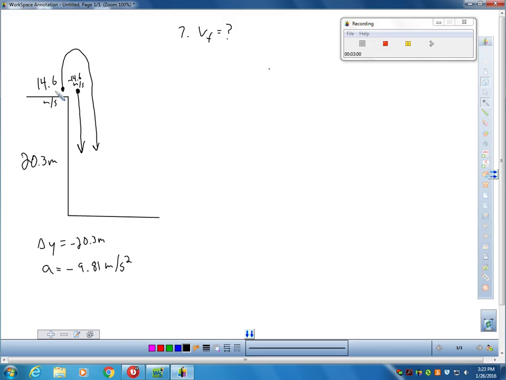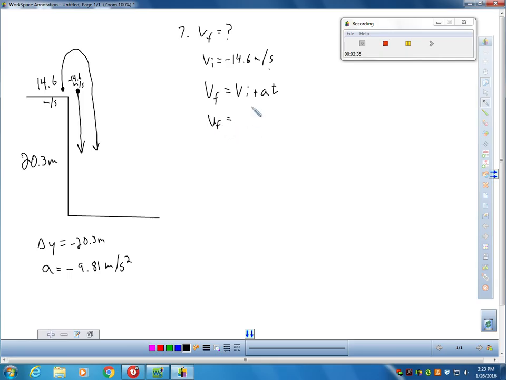Now I have its initial velocity. VI is negative 14.6 meters per second, and my delta y and my acceleration are given right over here. So I'll just say VF equals VI plus AT, and then my VF is going to be negative 14.6. Whoops, excuse me, that's what I'm looking for. And so let's leave that as a letter.